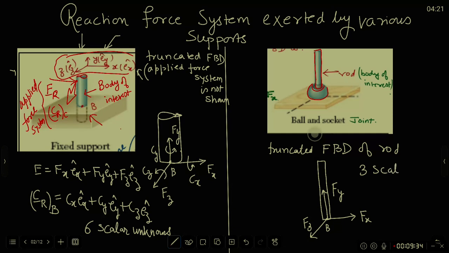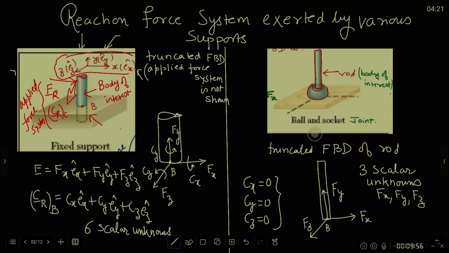Fx, Fy, Fz. There is no need to draw Cx, Cy and Cz because the support is incapable of generating these. Ball and socket support cannot generate these reactions. This is the nature of the support.